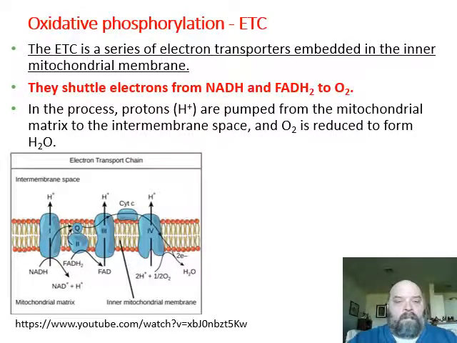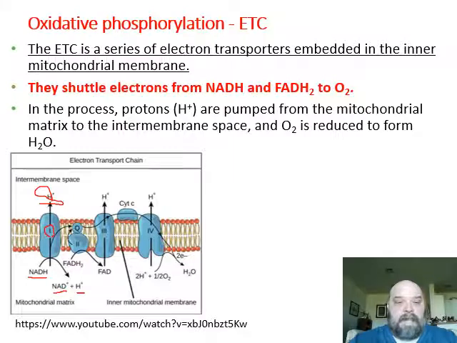What we have is NADH bringing in its hydrogen. NADH becomes NAD. The electron is stripped off the hydrogen, and this first complex, complex 1, is going to take a little bit of that energy, pump a hydrogen. There you go. Pump a hydrogen across the membrane, from the matrix to the inner membrane space.